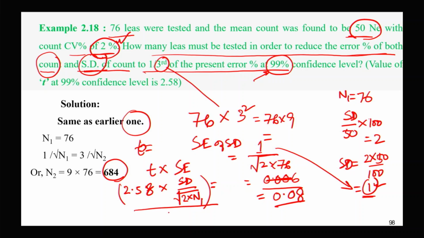So new error is 2.58 divided by standard error of standard deviation, so standard deviation by under root 2 n2. So this is the relationship. All these things will be eliminated. So what we will have, 3 by under root 2 n2 equal to 1 by under root 2 n1.